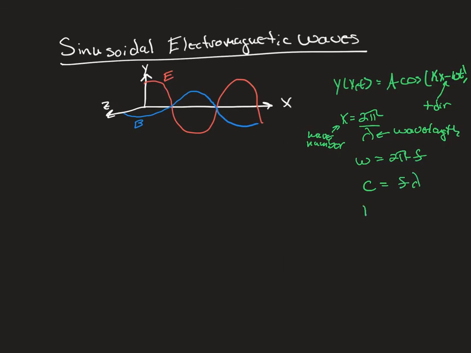And we also know that the electric field max, so the amplitude of the electric field, is equal to the speed of light times the amplitude or maximum magnetic field.